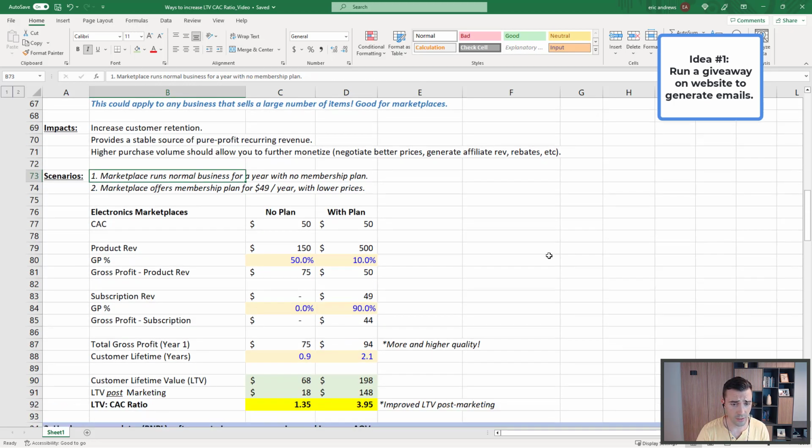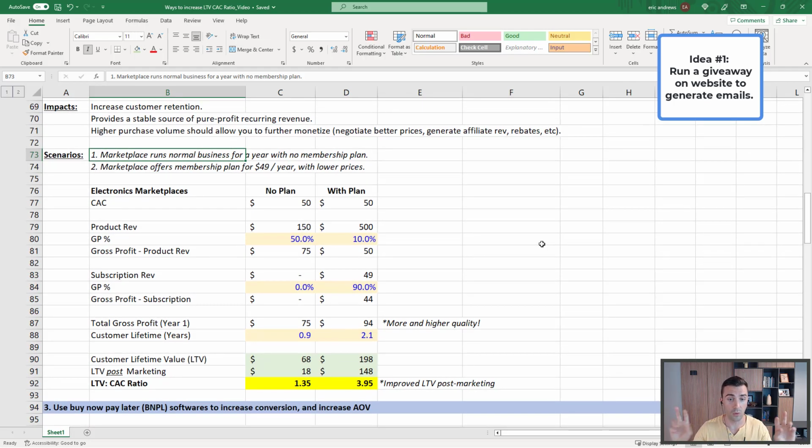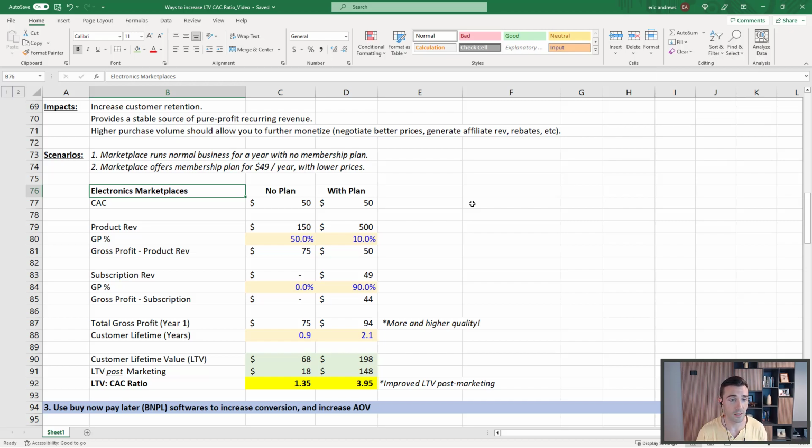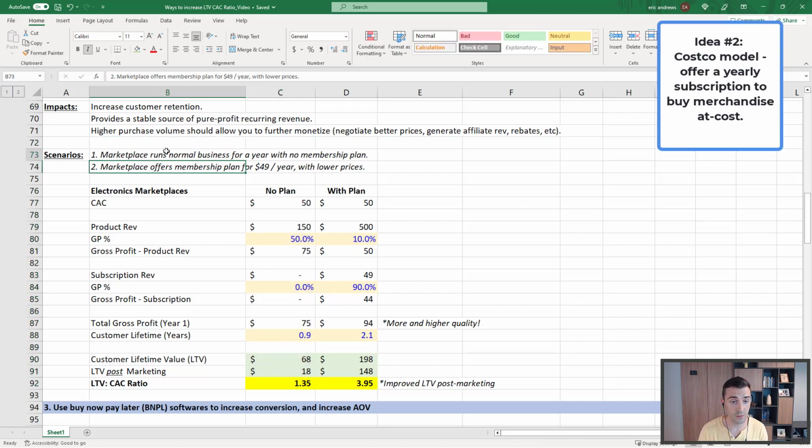And so we're going to look at the unit economics for a business with a membership versus without a quote unquote Costco style membership plan. So we're saying it's some kind of online electronics marketplace. In scenario 1, they're just hoping that people will make individual orders. And in scenario 2, you pay $49 a year, but then you get lower prices across the board.